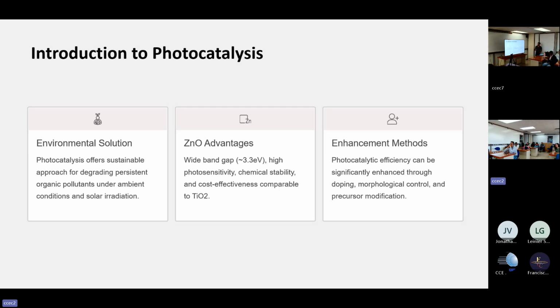In this work, we focus on how the milling time affects those properties and, consequently, the photocatalytic efficiency of zinc oxide.